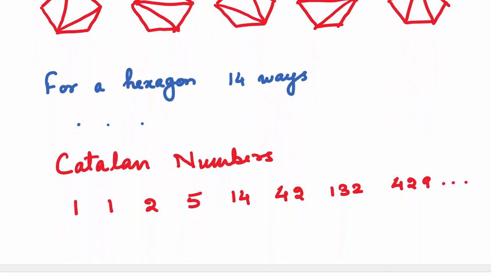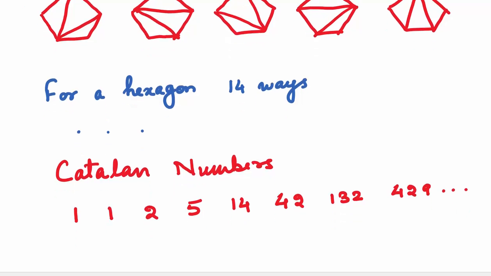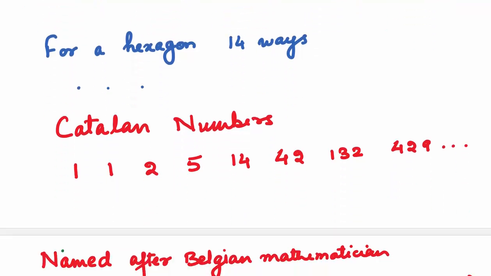So this is how we do the triangulation. For n is equal to 4, we'll get a hexagon, and our C4 will be 14. That is, there will be 14 ways in which we can do the triangulation. So now if we write all the Catalan numbers, we get 1, 1, 2, 5, 14, 42, 132, 429. That is how all the Catalan numbers can be found.